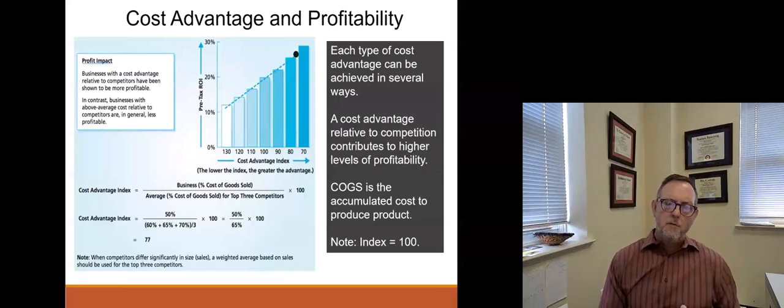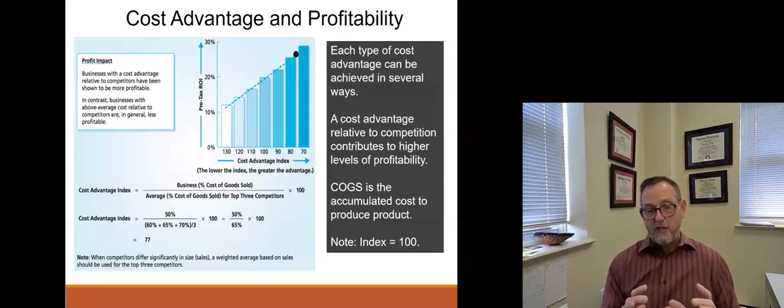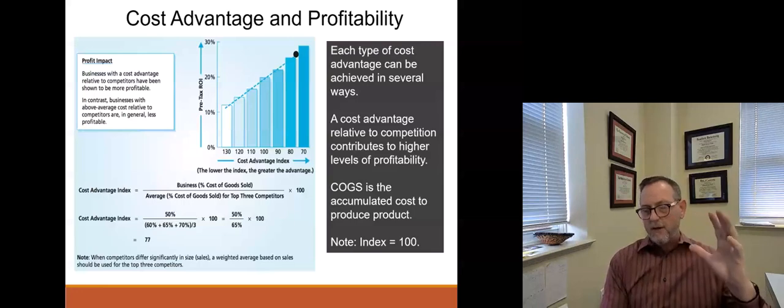So one way to do this is to consider what your cost to bring a product to market is relative to your competition. So when you use the concept of a cost of goods sold, as a percentage of your revenue, say, so we sell a product, we have revenue that comes in.